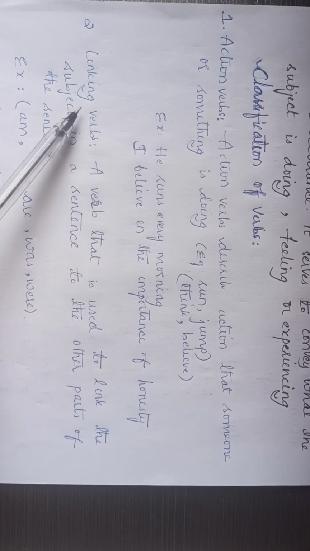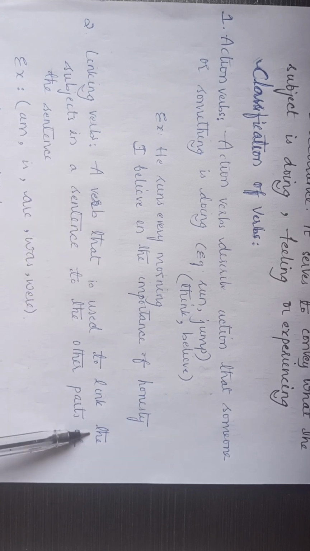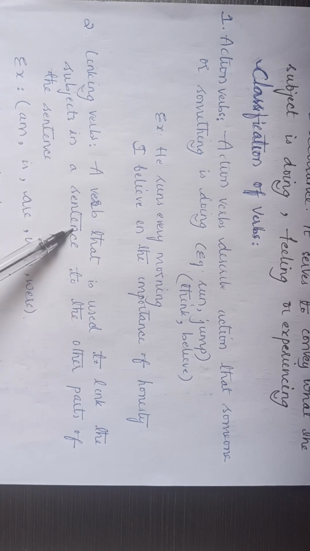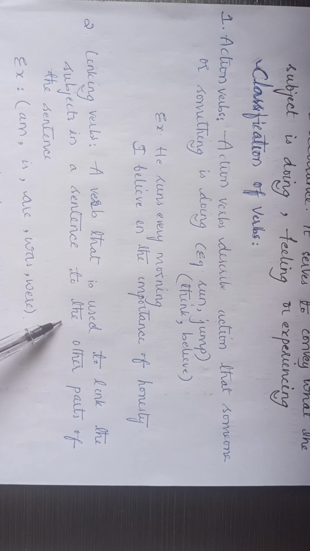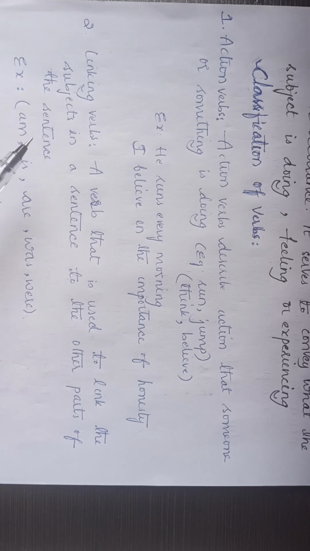Next one is linking verbs. A verb that is used to link the subject in a sentence to the other part of the sentence. Example: am, is, are, was, were. So, linking verbs connect the subject of a sentence to additional information, to add extra information about the subject, which is describing a condition or state.